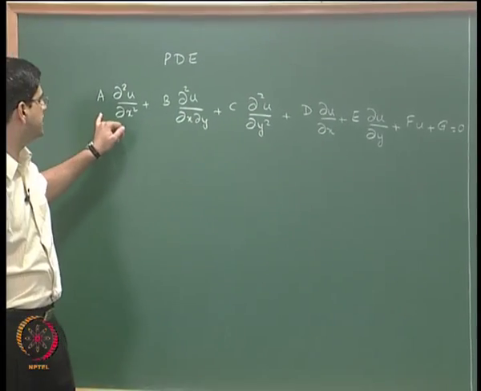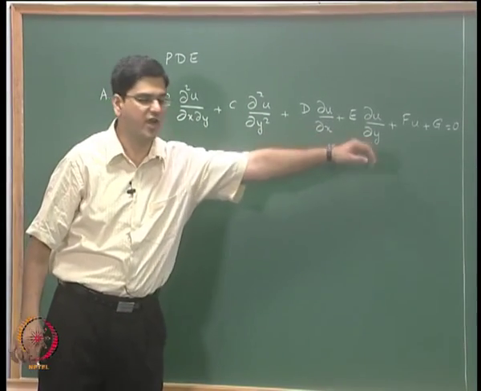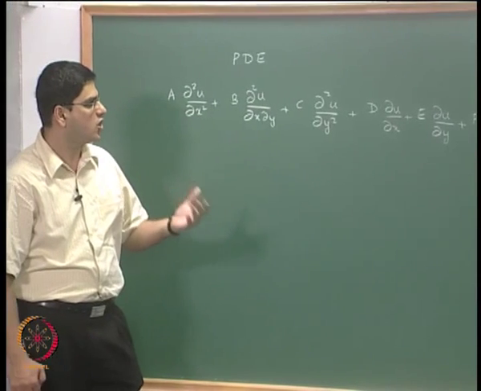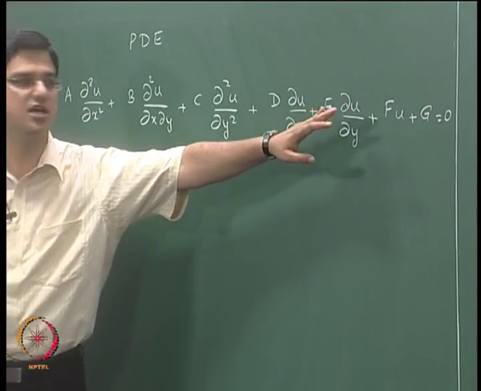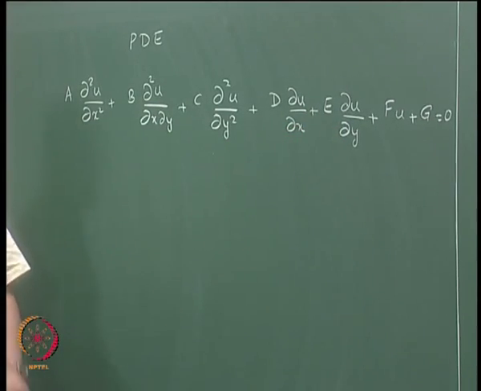Now if in this case a, b, c, d, e, f and g are all constants, or they are functions of x and y only and not functions of u, then what we have is a linear second order PDE.